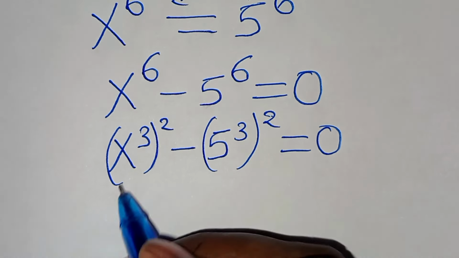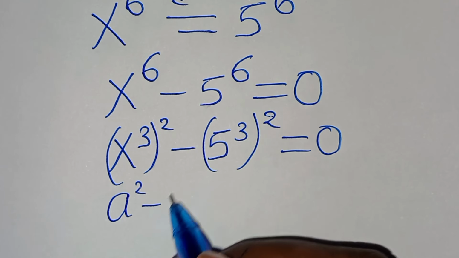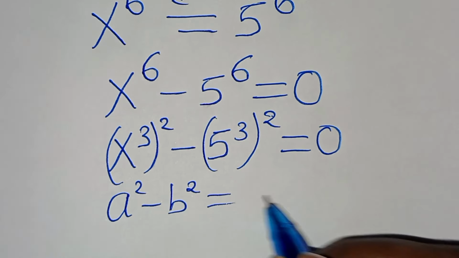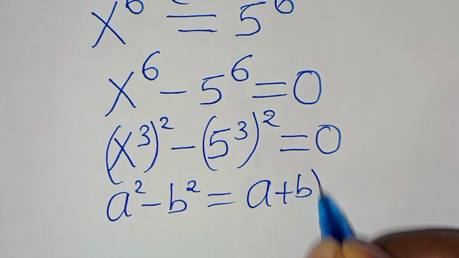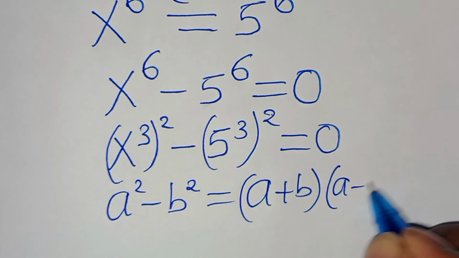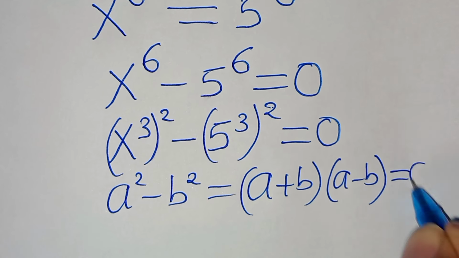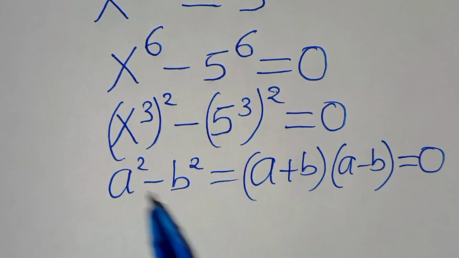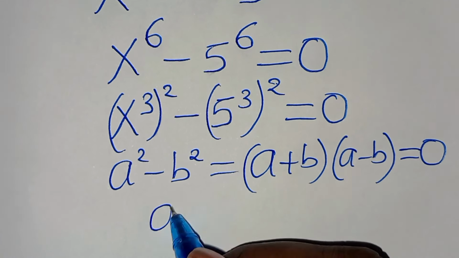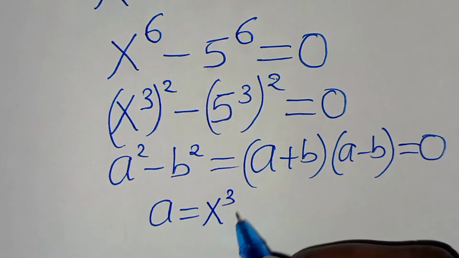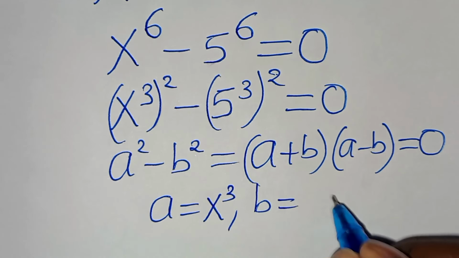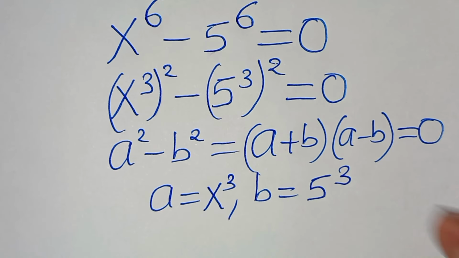This equation is in the form of a squared minus b squared, which we can express as a plus b, a minus b, equal to 0. From this, a is equal to x to the power of 3, and b is equal to 5 to the power of 3.